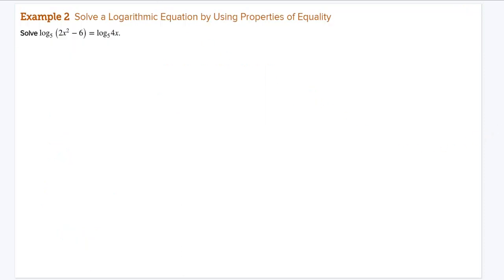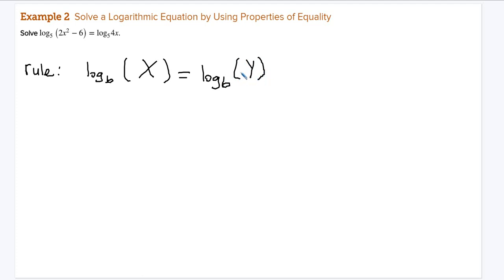Let's look at the second one. That's still on the same page, 409. This time, as you can see, we have two logs, one log on the left and the other log on the other side. So we have a basic rule, not a rule at all maybe, but I would like to call it a rule. If we have log base b of anything, doesn't matter what you have here, let's say this is a big X, and that's equal to another log base b of something else, let's say Y, or something much more complex here.